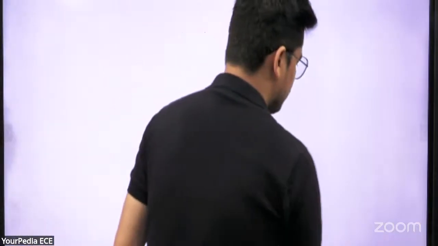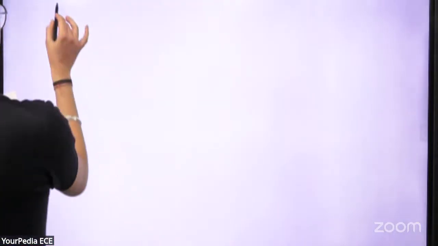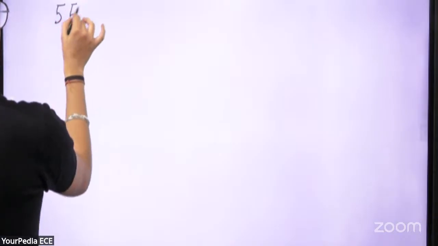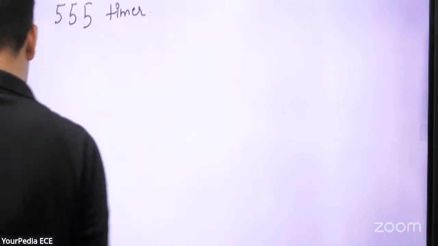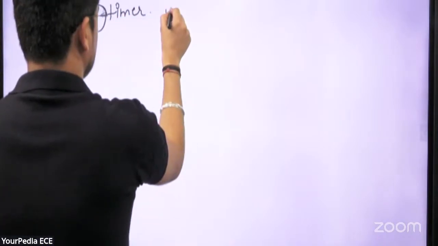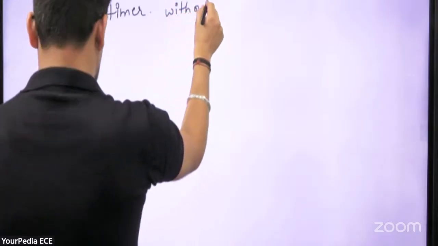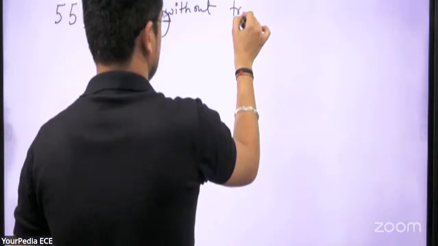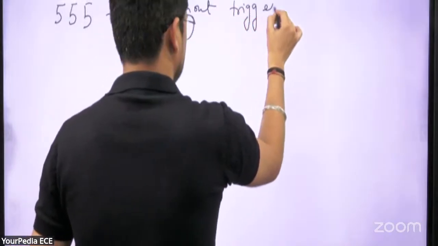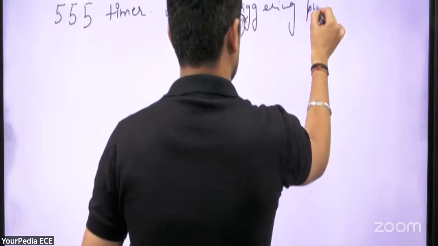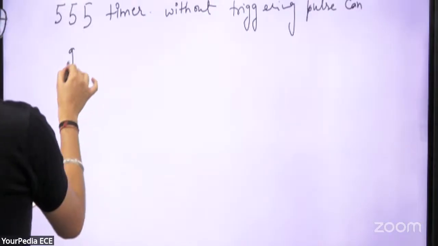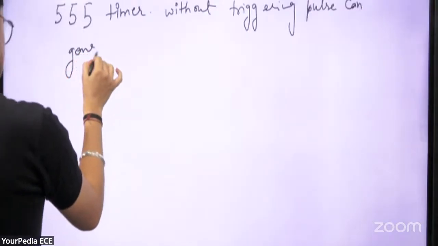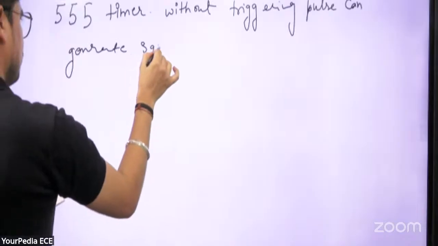It is also a very good question. 555 timer without triggering pulse can generate a square wave.